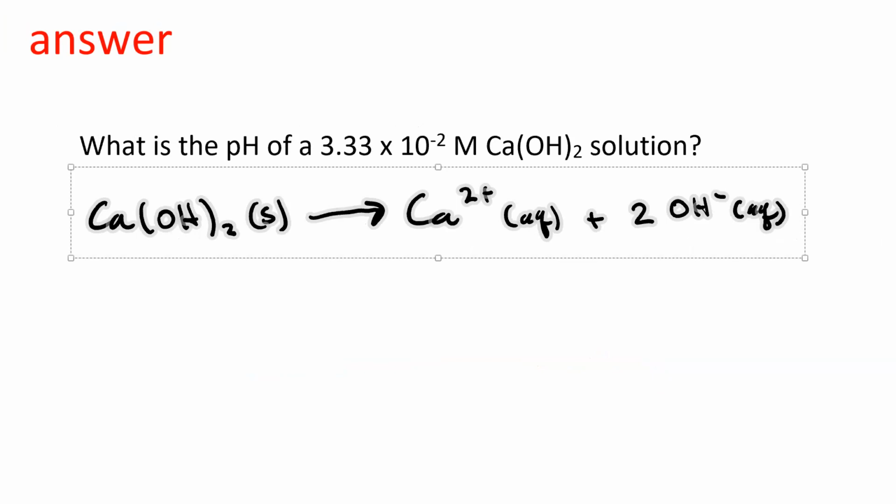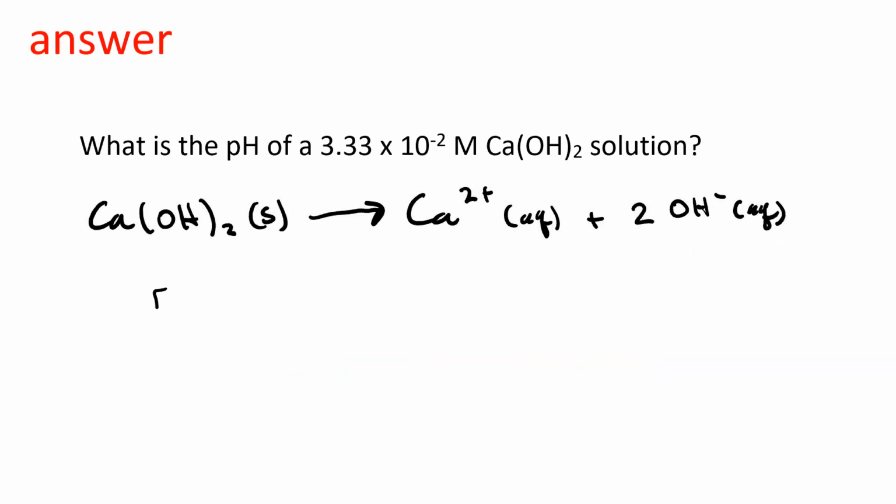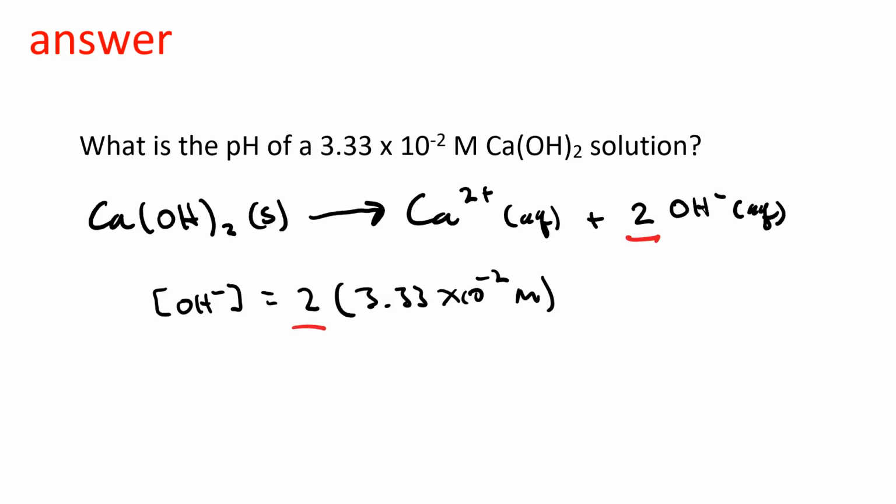Here's my answer. The concentration of hydroxide ion is going to equal 2 times the concentration of solution, right, and that 2 comes from the coefficient 2 on hydroxide in the balanced equation. So that gives us 6.66 times 10 to the negative 2 molar.